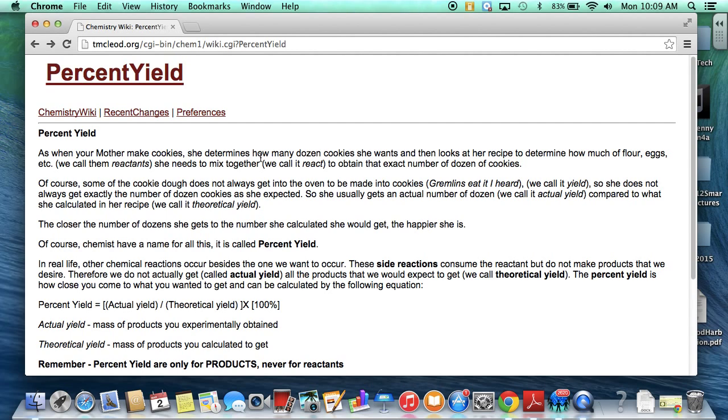Then you actually do this, and you make the cookies, and you end up making 18 cookies. Well, that's your actual or experimental yield. So your percent yield would be 18 cookies over 24 cookies times 100%, which would give you 75%. So your yield for making cookies would be 75%.